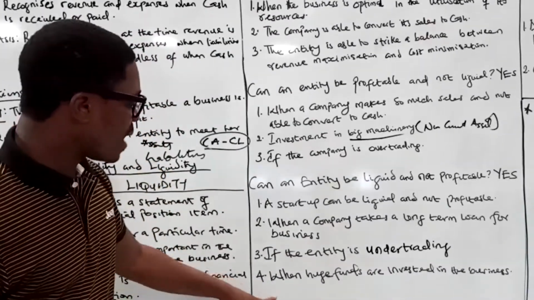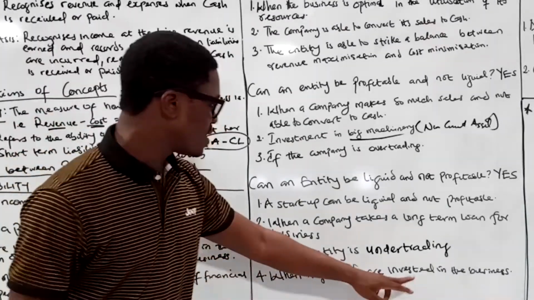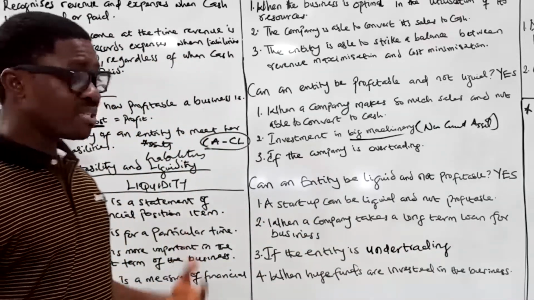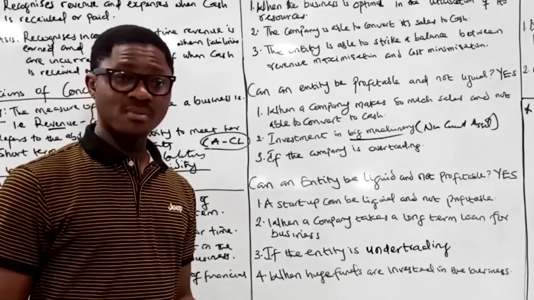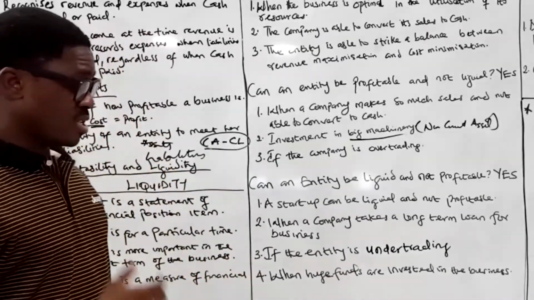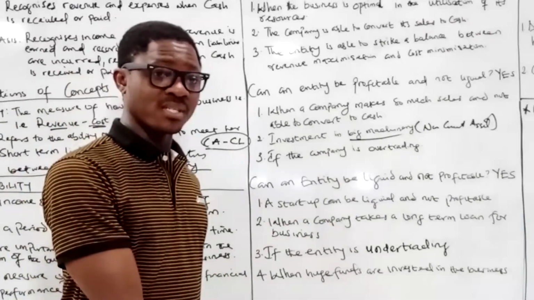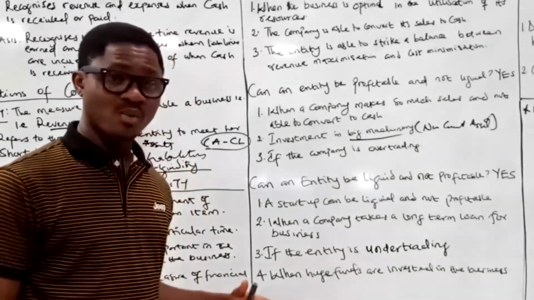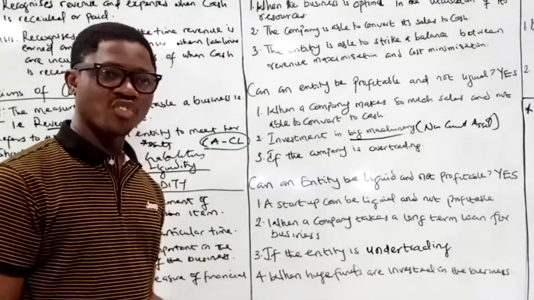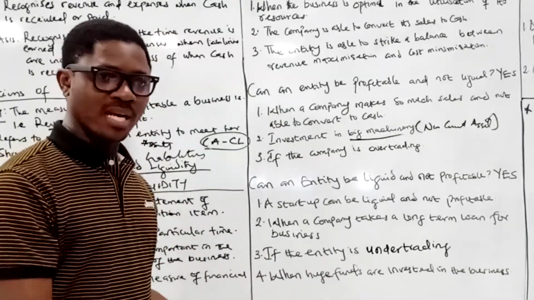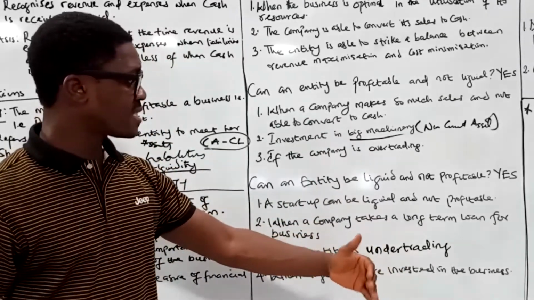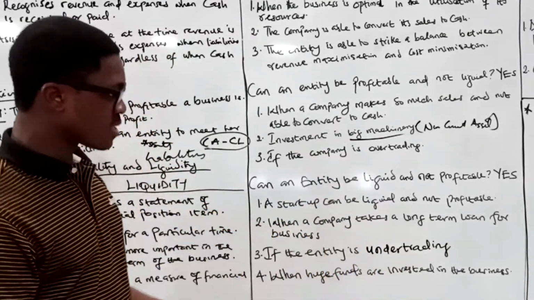When cash funds are invested in the business, the business will be liquid. And that is very explanatory. Investment of cash into the business means that the business has so much liquidity to trade, invest in inventory, and invest in research and development, so that the revenue of the business is maximized, but not in the immediate term.